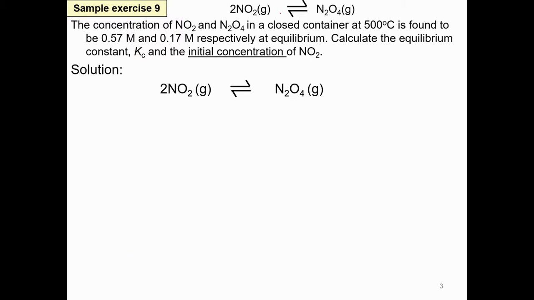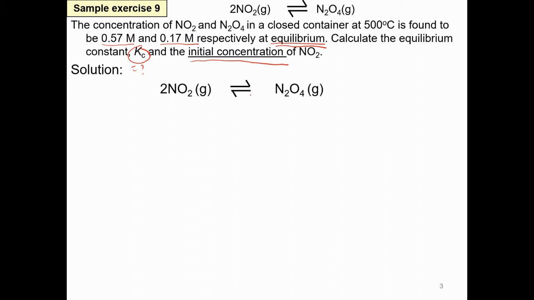This time, the reversible reaction equation is given. So it is given here. The concentrations in a closed container are found to be 0.57 and 0.17. Again, it mentioned at equilibrium. Calculate the equilibrium constant. So we want to know the equilibrium constant, and also the initial concentration of NO2.